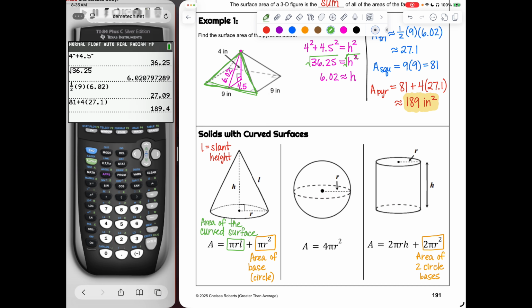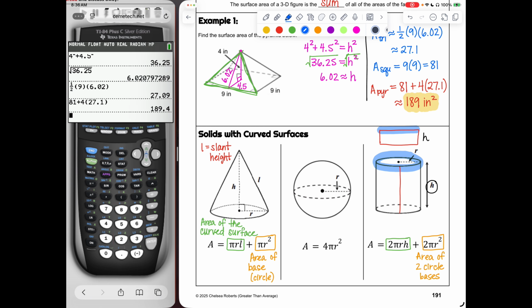All right, now let's talk about what the 2 pi r h represents. So think about this. If you have a can of vegetables out of the store and you want to take the wrapper off without messing it up, you will cut it straight up and down and you will roll it flat out. What you need to realize is that the height of the can is going to be the same thing as the height of the wrapper. And then you will need to realize that the circle around the can is going to come from wrapping the paper around it.